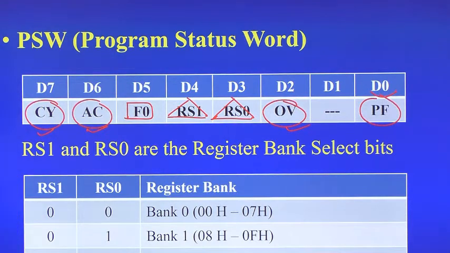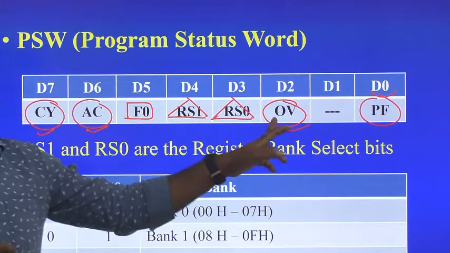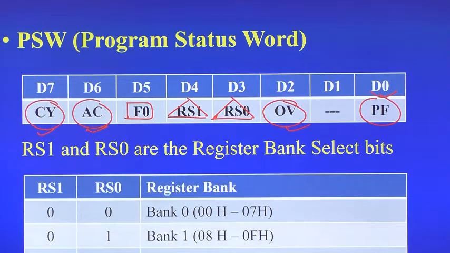And coming to the next, the OV flag. The overflow flag is set to 1 when any arithmetic operation satisfies the overflow rule. I repeat, the OV flag is set to 1 when any arithmetic operation satisfies the overflow rule. What is the overflow rule? If you add two same-sign numbers and the result has a different sign, then we can say that overflow occurred.